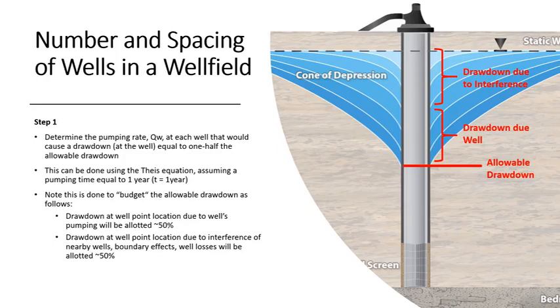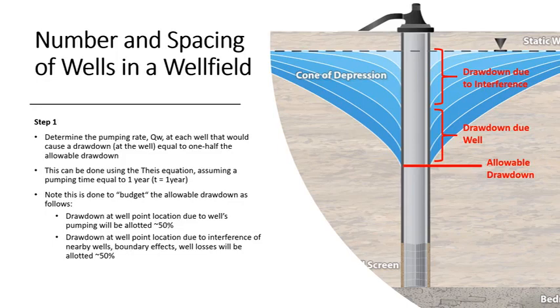This is done to budget the allowable drawdown as follows. Note that the drawdown at the well point location due to the well's own pumping will be budgeted for around 50%. And the other 50% of the budgeted drawdown will go to the drawdown caused by the interference of other wells, boundary effects, and other well losses. I reflected that in the figure.